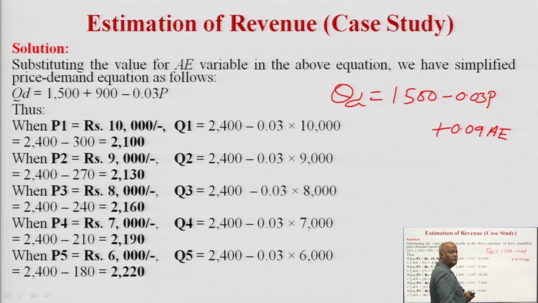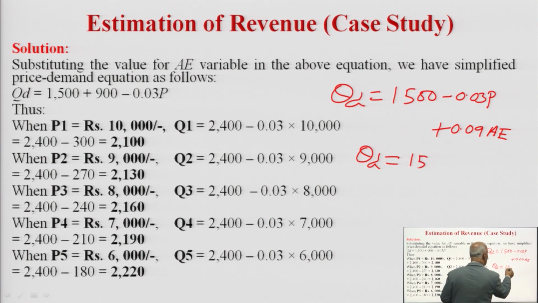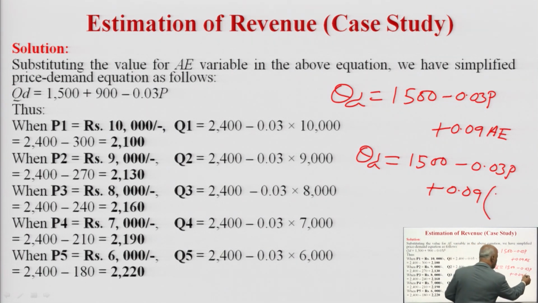Now, what I am asking all of you is to please replace, because advertisement expenditure is given as 10,000. So, simplify this one: Q D is equal to 1,500 minus 0.03 P plus 0.09, then advertisement expenditure, that is 10,000.